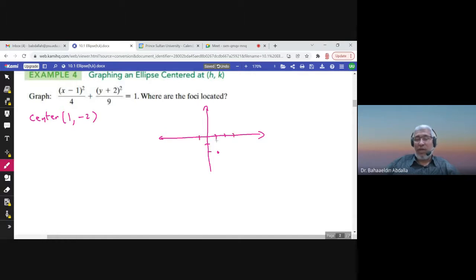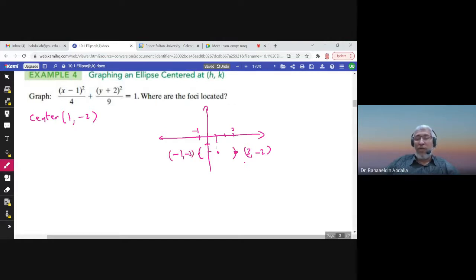So this is 1, 2 units I reach 3, 2 units to the left I reach -1. So these 2 points would be the endpoints of the minor axis because 9 is greater than 4. So the coordinates of the endpoints of the minor axis: the first one 3, -2, and this one is -1 and -2.